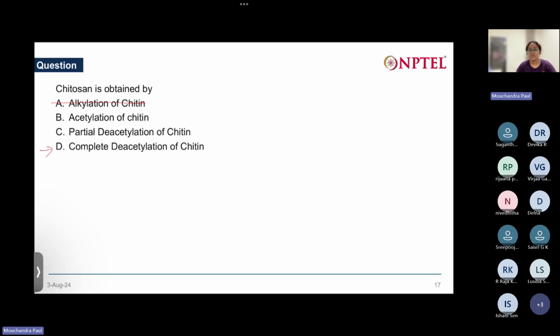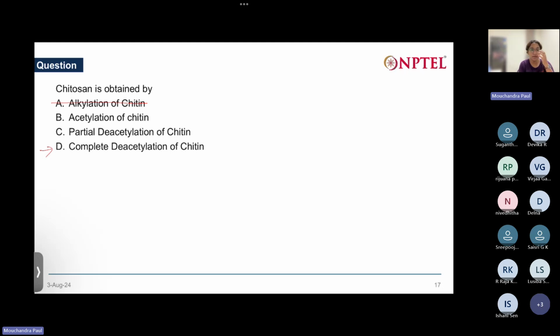Semi-crystalline, right? The degree of deacetylation will affect the crystallinity as well. If you do 100% deacetylation or 0% deacetylation, both will result in crystalline structures. So to get a semi-crystalline chitosan, we prefer partial deacetylation.